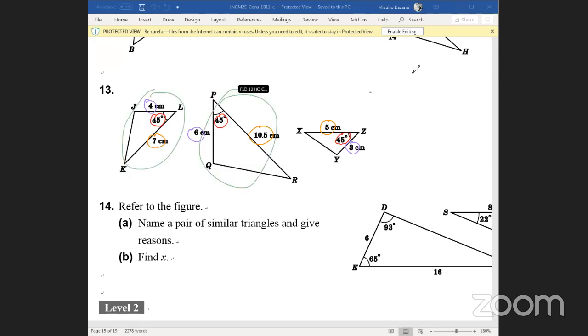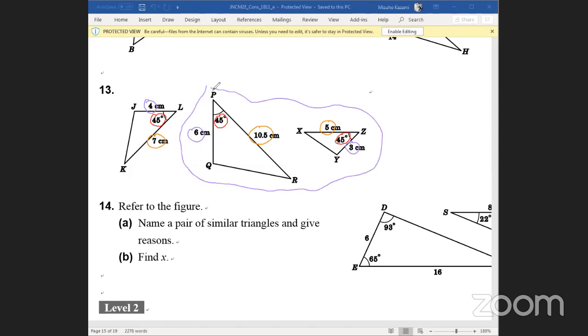Now, these two, we'll check later. For example, if I cannot really find the two similar triangles, then I may need to do it by trial and error. Do you know the meaning of trial and error? For example, I don't know how to do it, then I may need to do it in pairs like that.